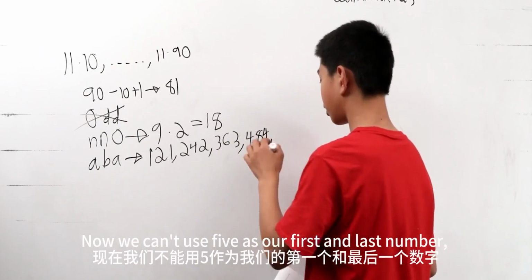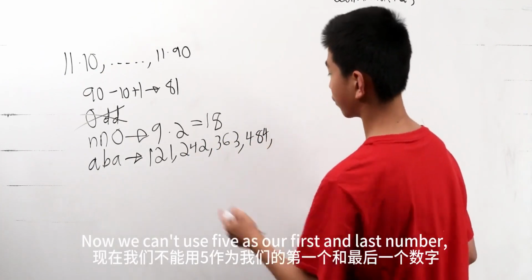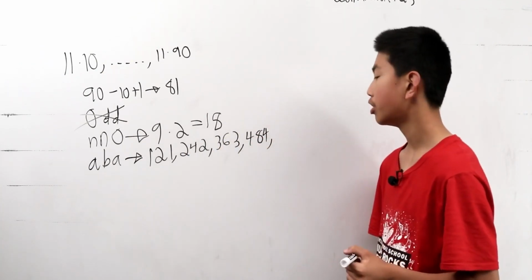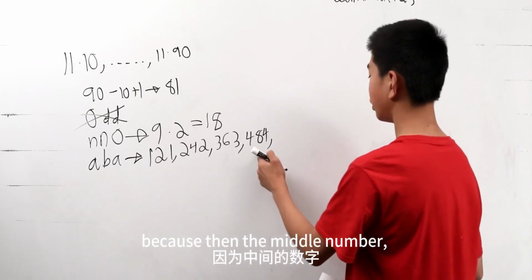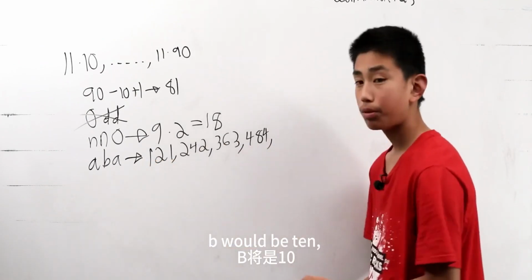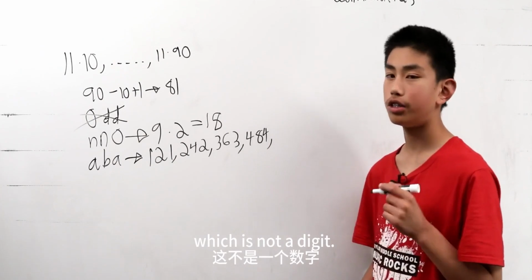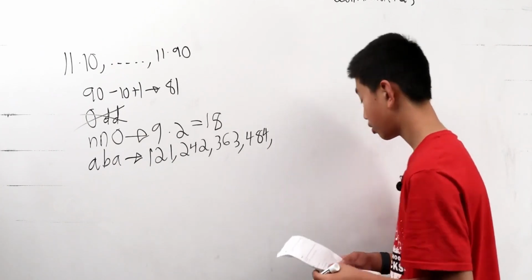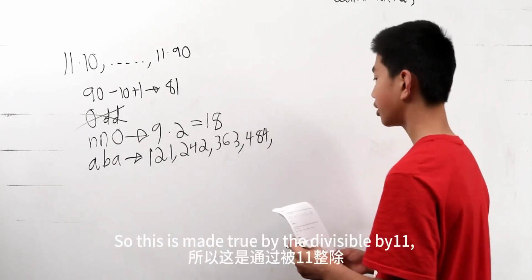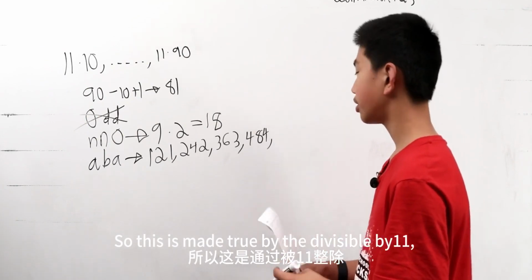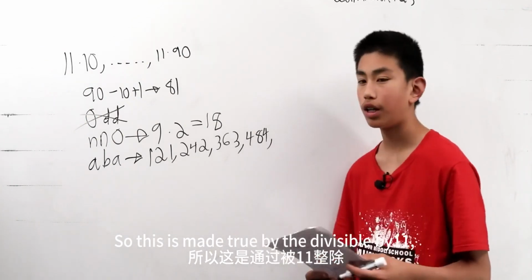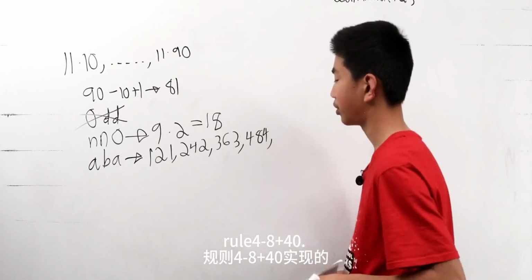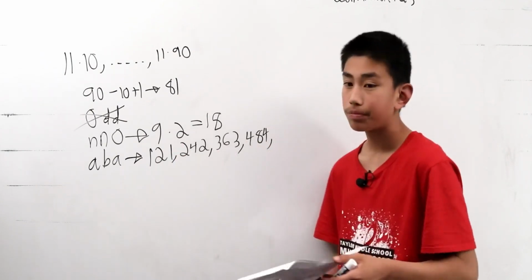Now, we can't use 5 as our first and last number, because then the middle number, B, would be 10, which is not a digit. And this is made true by the divisible by 11 rule: 4 minus 8 plus 4 is 0, all the way like that.